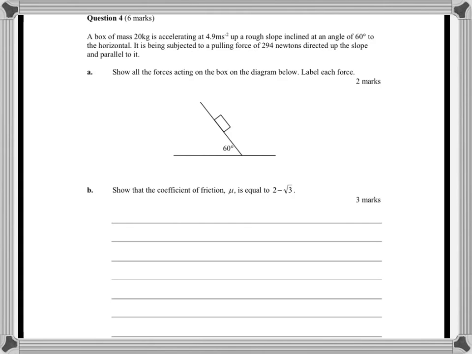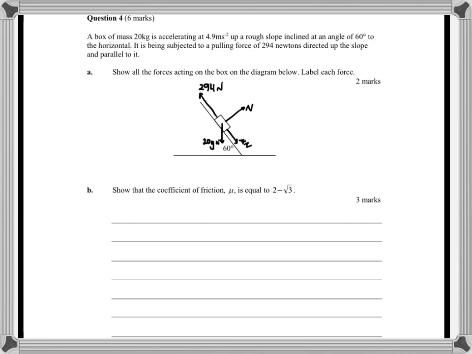It is being subjected to a pulling force of 294 newtons directed up the slope, going up. Alright, so part A, show all the forces acting on the box on the diagram. Label each force. So what forces do we have? We've got pulling force, we've got a weight force, we've got a normal reaction force, and there's our friction force going in the opposite direction of motion.